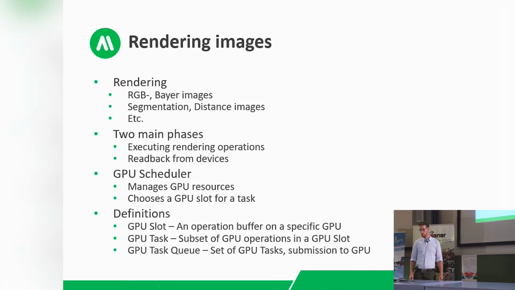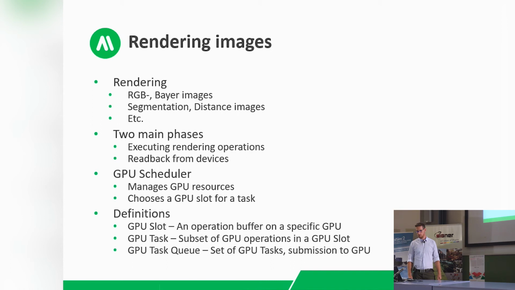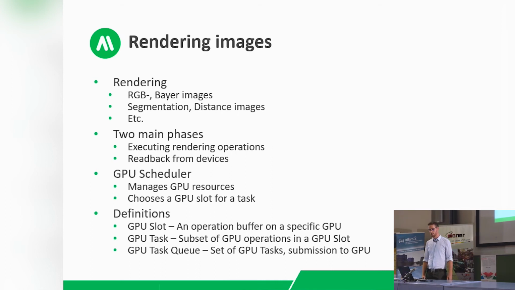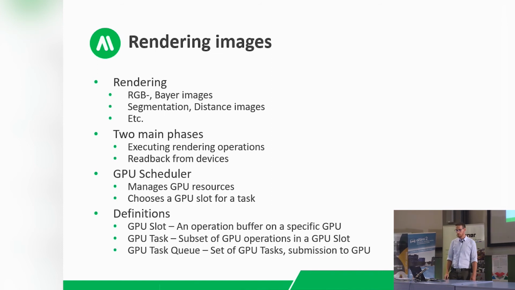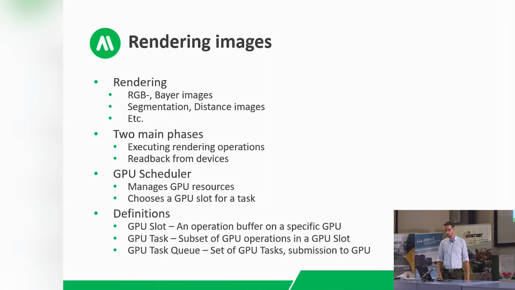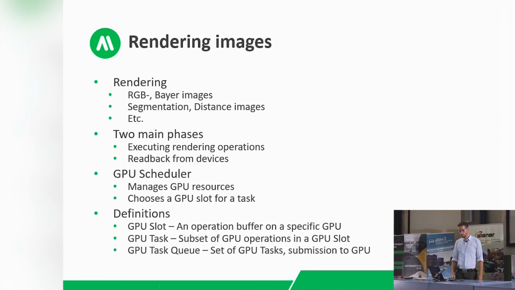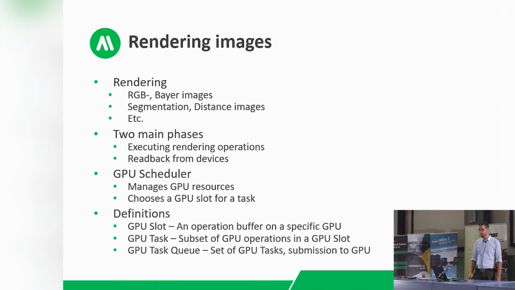Now I would like to talk about the GPU scheduler, where the GPU scheduling happens in the render images task. So we render lots of images like RGB, Bayer encoded images, segmentation and distance images, and so on. This task can also be broken down into two phases.